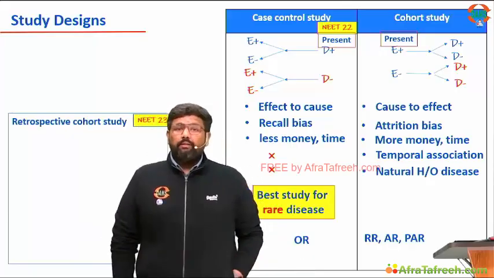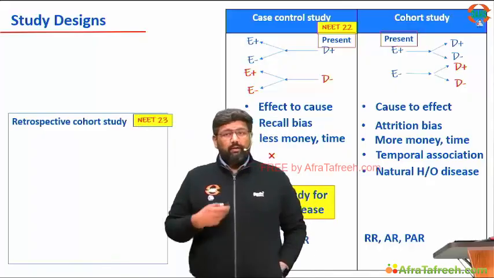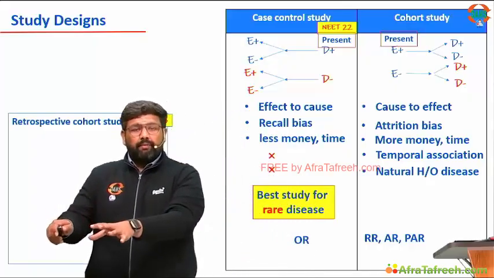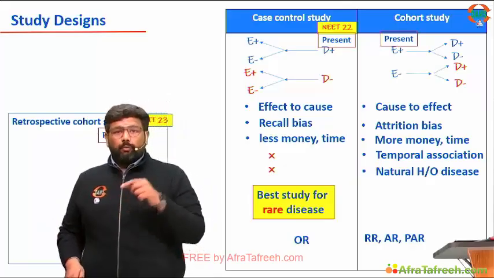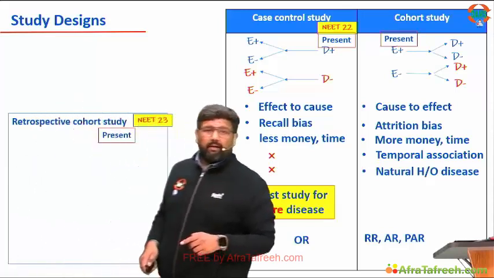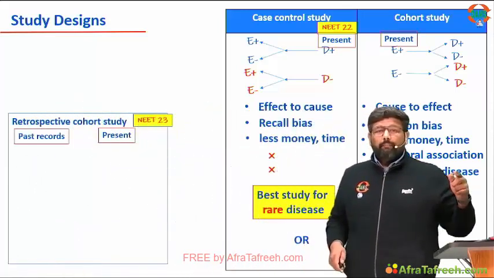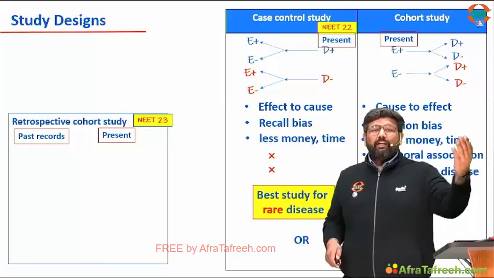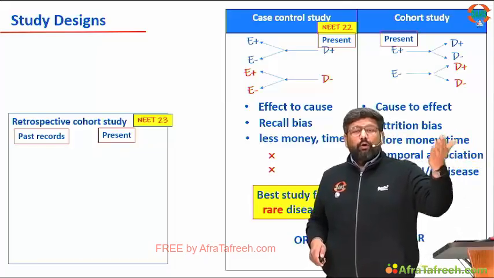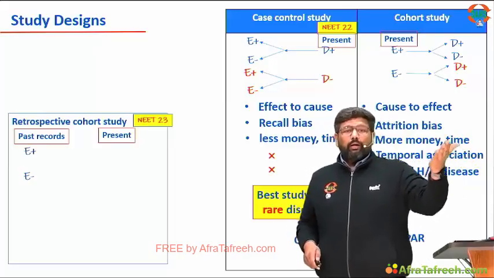So in retrospective cohort study, what I did was go to an aniline dye factory. I am in the present right now. I went to the factory and asked them for past records: a list of workers who were there 20 years back.